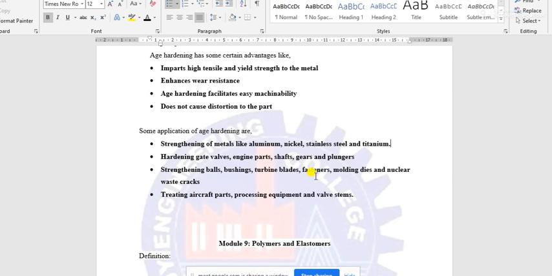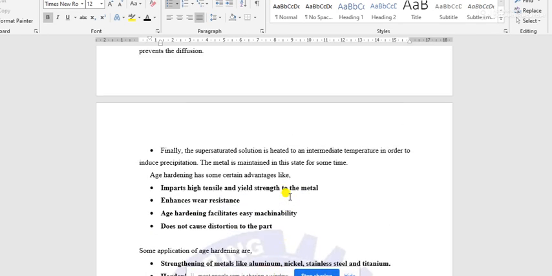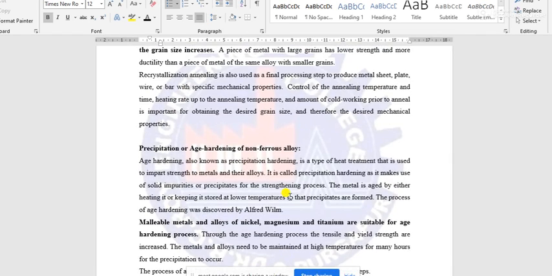Obviously all these are parts of some machineries, aircraft parts. All these machinery parts can be strengthened and hardened, and machinability may be imparted to the metal piece by these age hardening methods or the precipitation hardening methods.